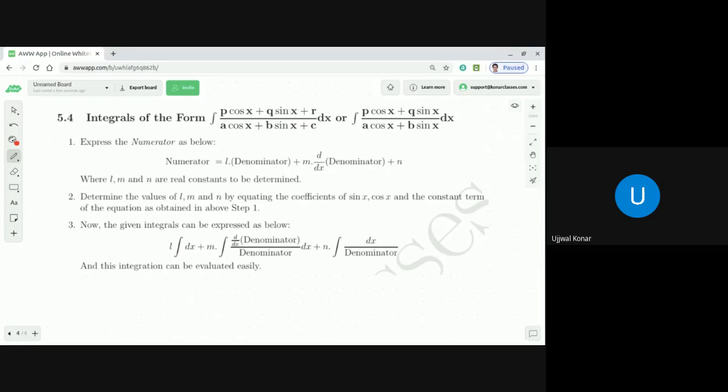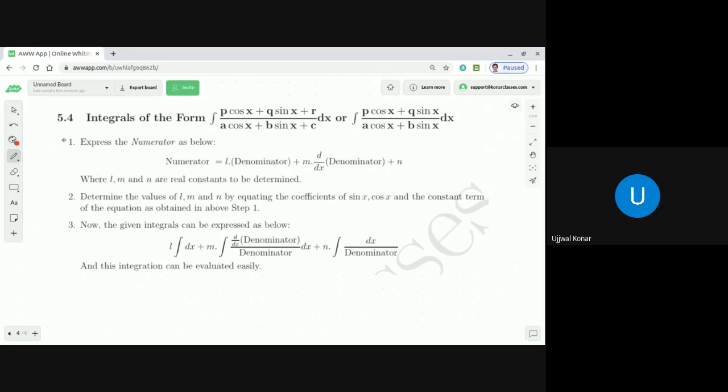If you get it in this form, what to do? Where p, q, r, a, b, c are all real numbers. Then we should express the numerator. The first step is always very important.